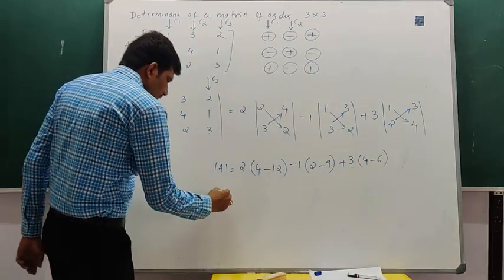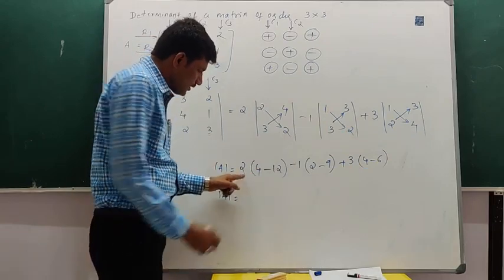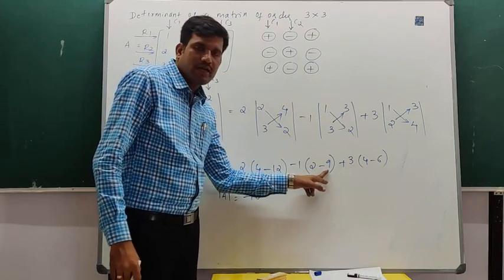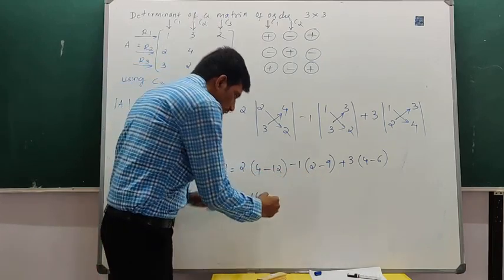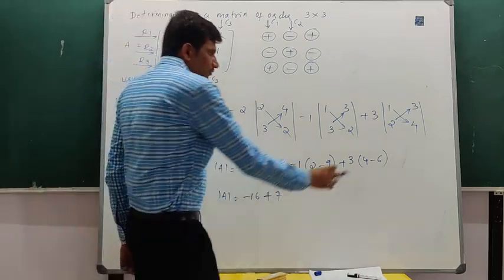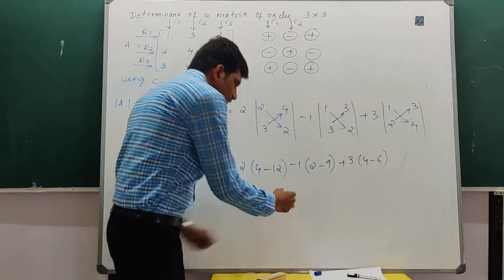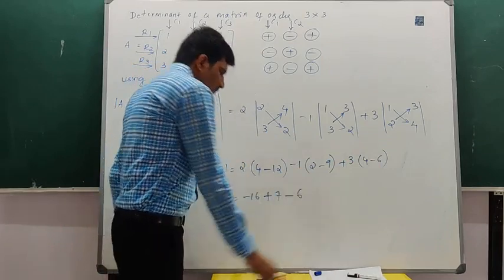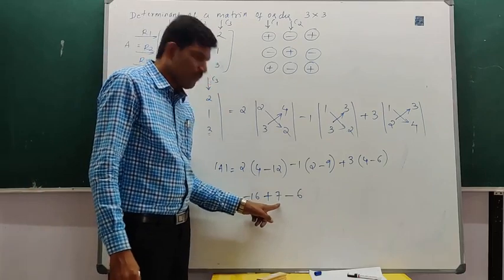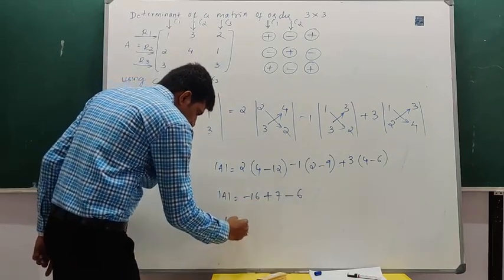So determinant of A equals 4 minus 12, that is minus 8, into plus 2, that is minus 16. 2 minus 9, that is minus 7, into minus 1, that is plus 7. Then 4 minus 6, that is minus 2, into plus 3, that is minus 6. So now minus 16 plus 7 minus 6, that is equal to minus 15.